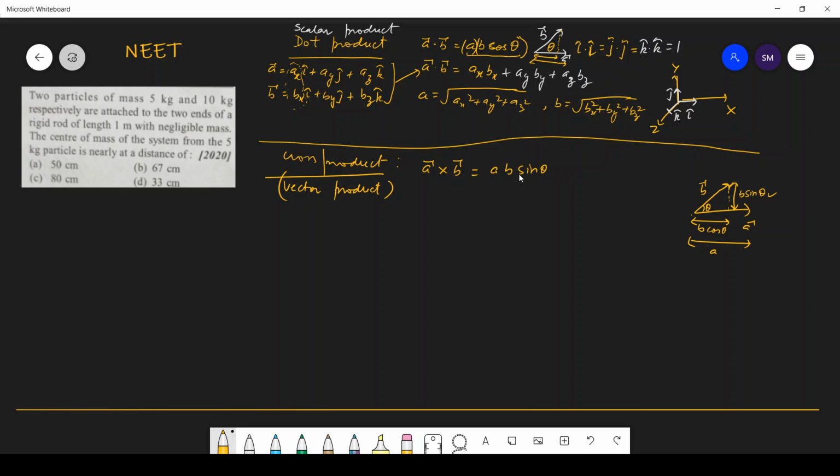Since it's a vector product, we also need to tell the direction. Magnitude and direction we tell by n cap. This n cap is perpendicular to the plane containing vector a and vector b.